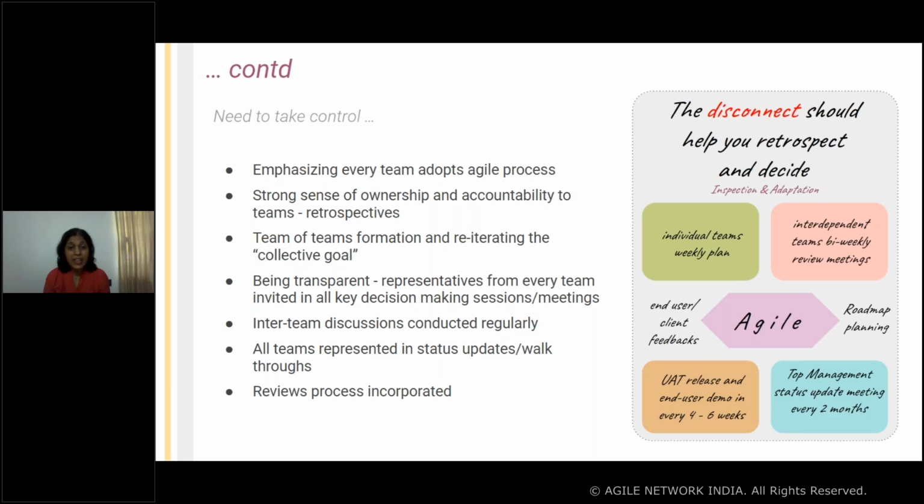Then being transparent, with representatives from every team invited to all key decision making sessions and meetings. This was something we had to strictly put in place because, as I said, the knowledge sharing sessions were happening randomly, and the domain experts had to repeat the same information with multiple teams, which we thought was not going to help us in the long term, and we were just wasting a lot of time.